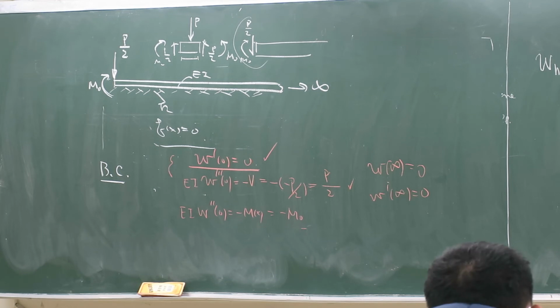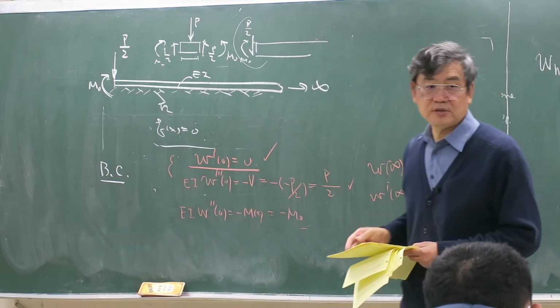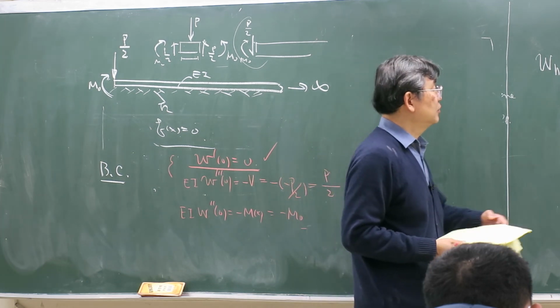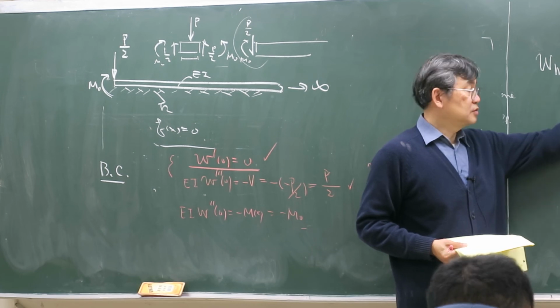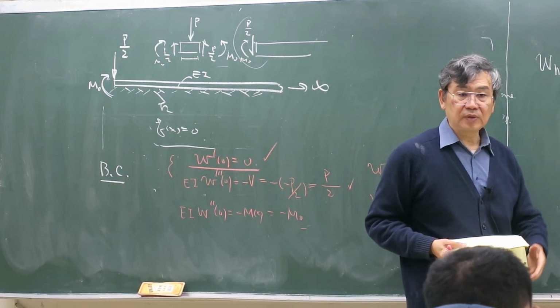So C1 and C2 must be 0, otherwise your function cannot handle the condition when x approaches infinity.